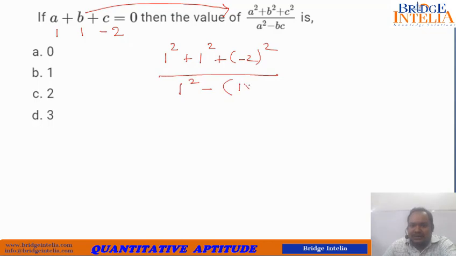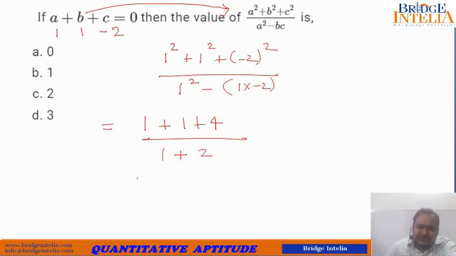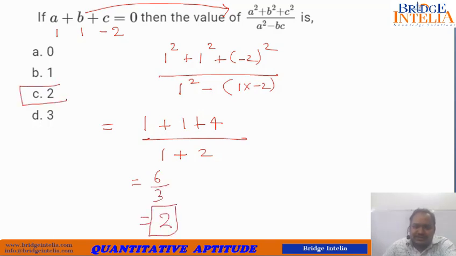B is equal to 1 and C is equal to minus 2. So this transforms to 1 plus 1 plus 4, whole divided by 1 minus minus 2. 1 minus minus becomes plus. So this is 6 by 3, which comes out to be equal to 2. So out of 4 options, it matches this option, and this has to be the correct option.